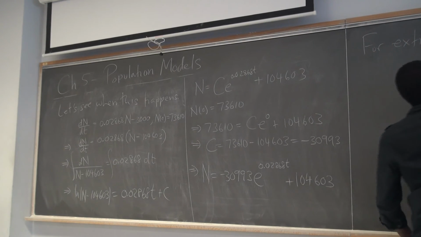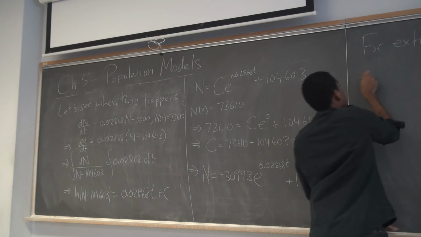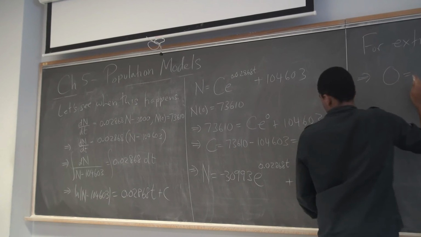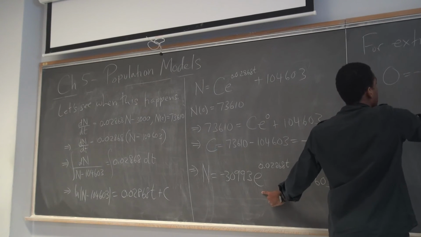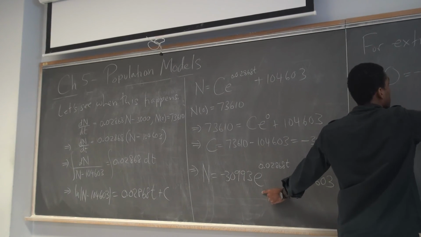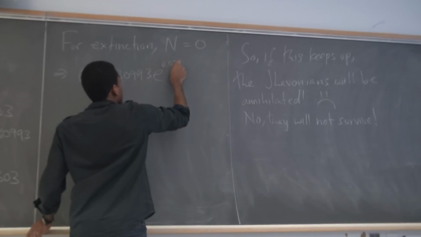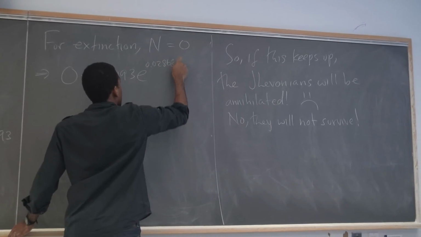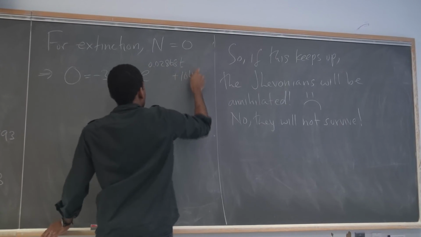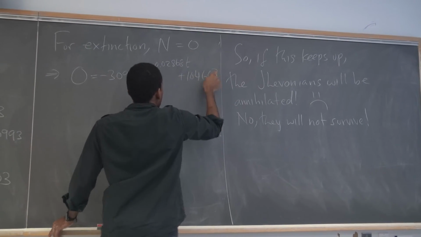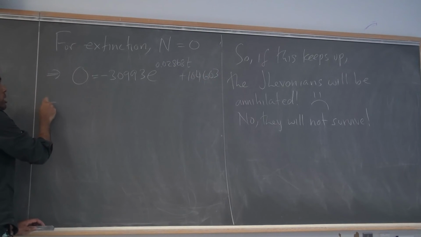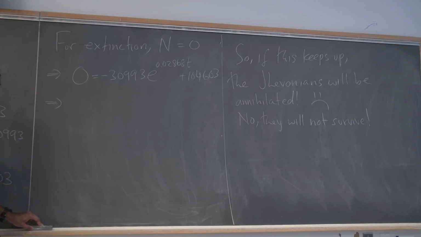For extinction, our n equals 0. This means 0 should be equal to minus 309. And how do we solve this? Subtract 164.